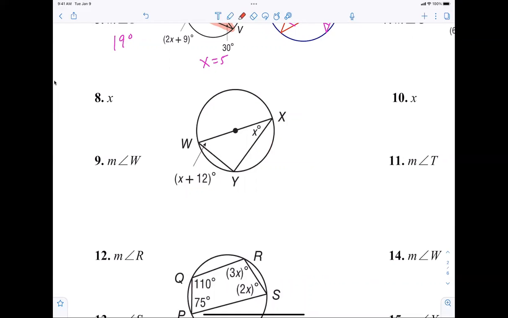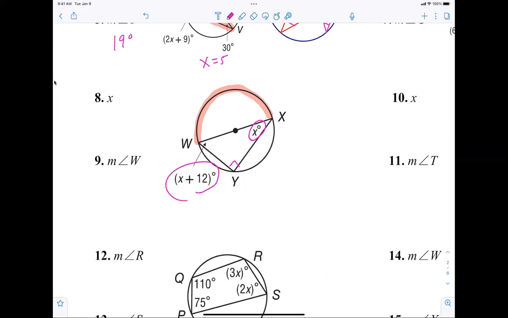So this right here is how many degrees? 180. So angle Y must be what? Must be 90. All right, then what's true about X and X plus 12? They equal 90.